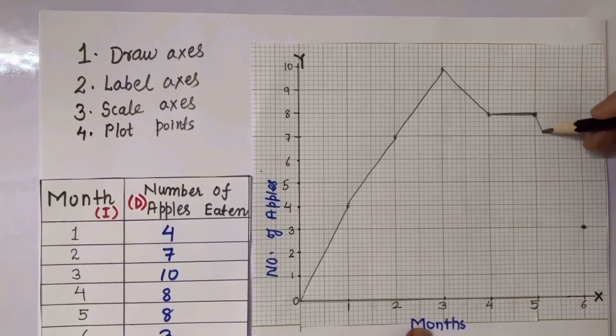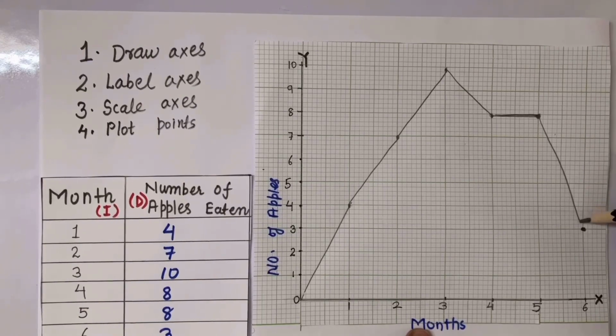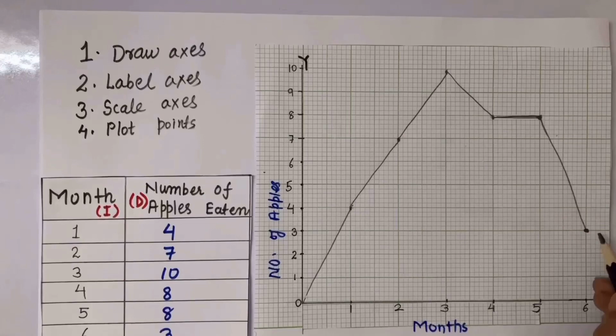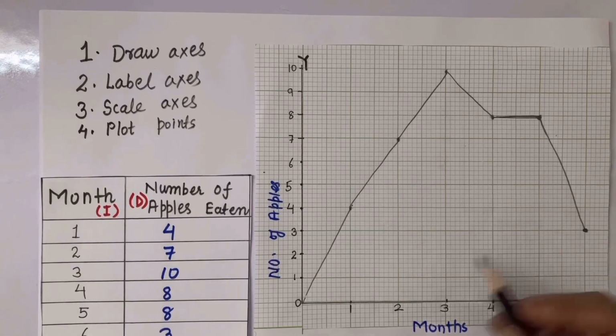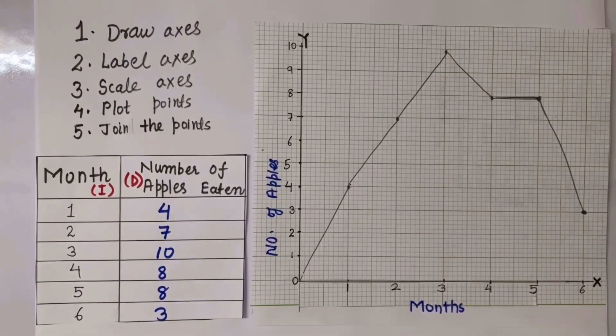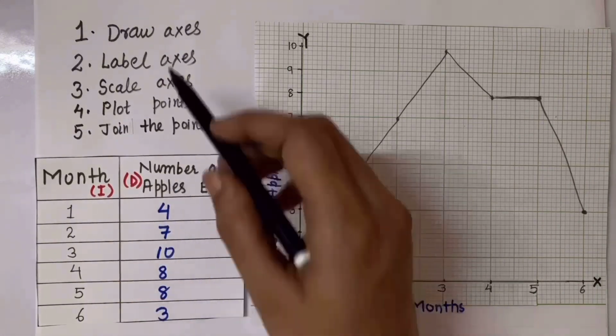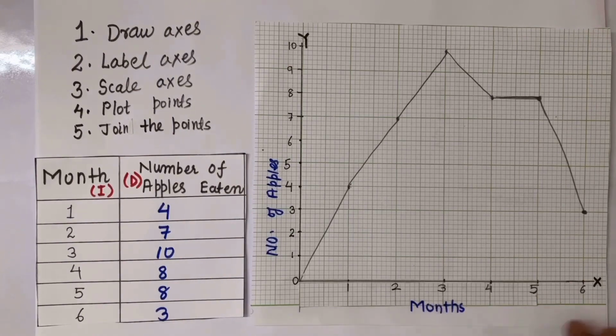And here the number of apples decreases. So this is our graph. Our last step is to join the points. By following these steps, we can plot a graph.